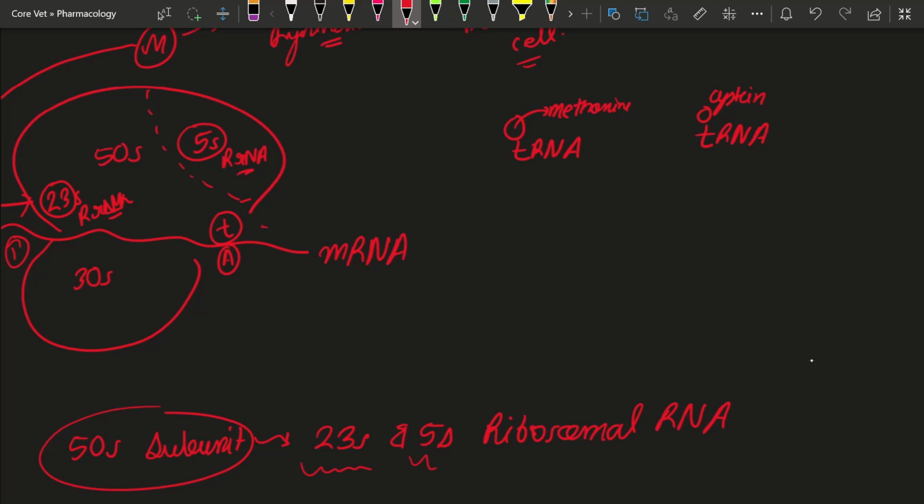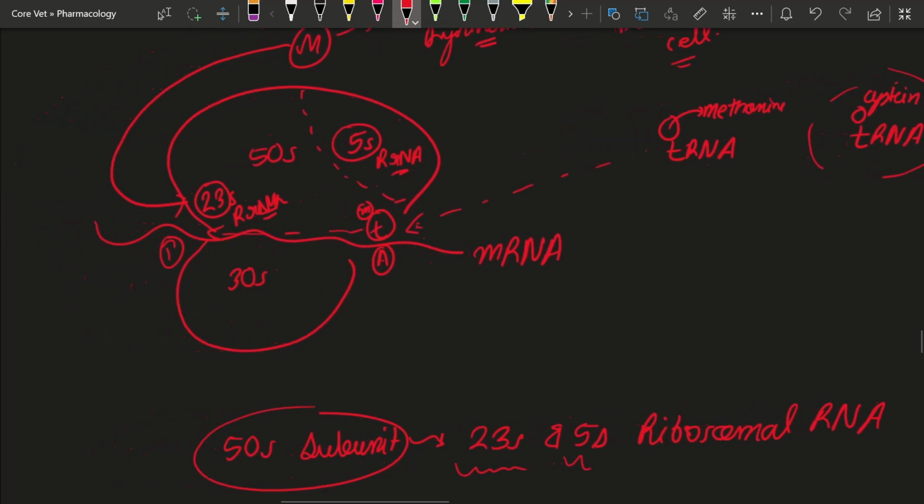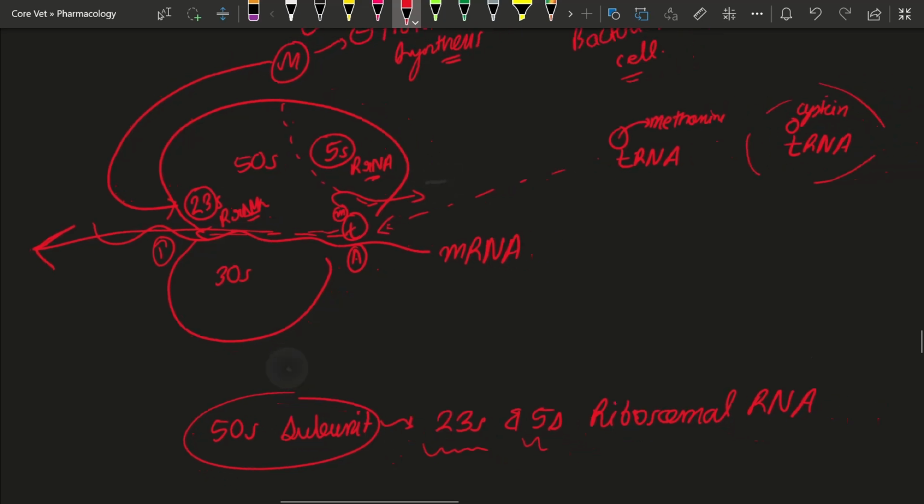The very first tRNA, having the methionine, is going to attach at the acceptor site, right? Now the next tRNA, which is carrying the cysteine, should move forward and release the methionine for the elongation of the peptidyl chain, and the first tRNA should leave the ribosomal subunit, right? So what does the macrolide do?